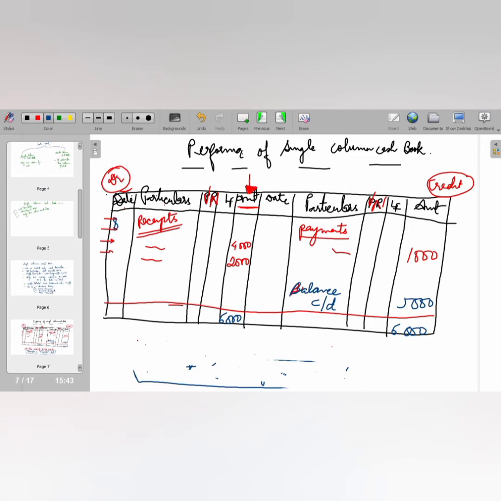See, this is the month September. Now this is the month October. It will be brought down to the next month. So here we will write balance BD. This amount is brought down. How much amount? 5,000. Fine. Are you getting me?